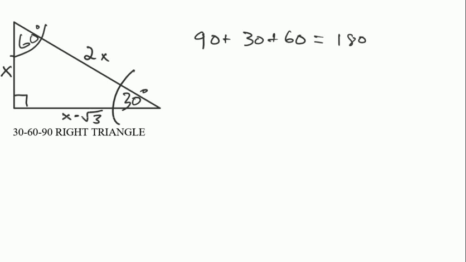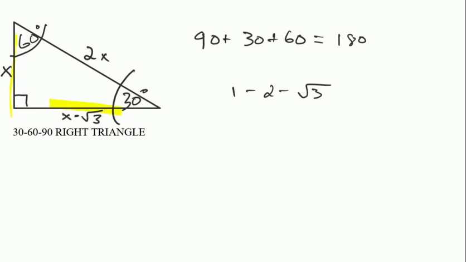Now, it's possible to remember these lengths by just thinking 1, 2, rad 3, like 1, 2, 3, but the 3 has a radical over it. Or you could just think, the two shortest sides are going to be the side lengths over here and here.